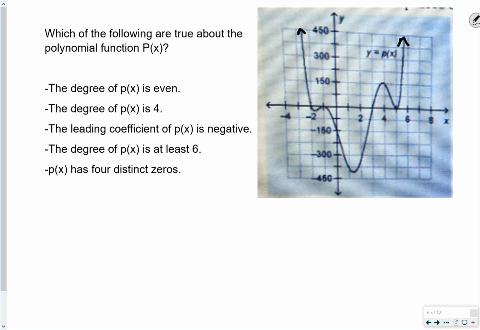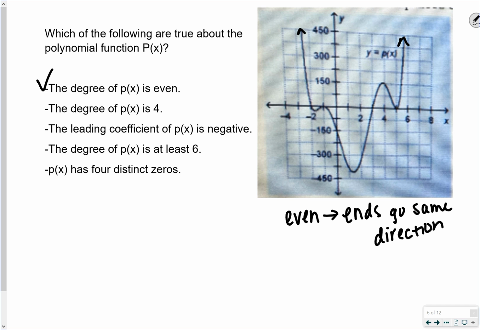The first one says the degree is even. Well, if my degree is even, both of my ends go the same direction. In this case, that is true. Is the degree 4? That would mean I can only have 3 terms, 4 zeros. Let's check it.